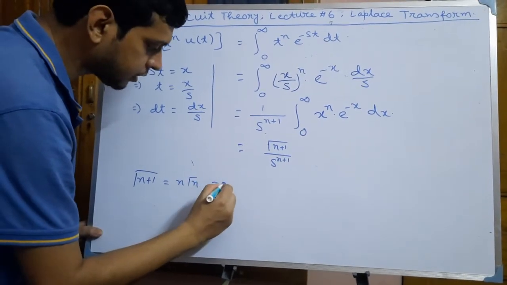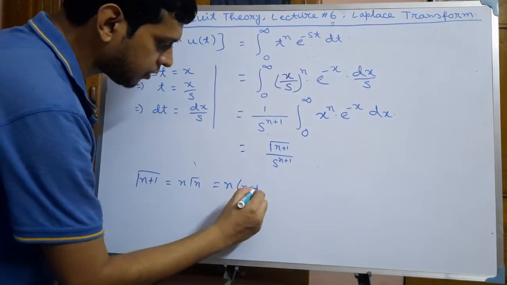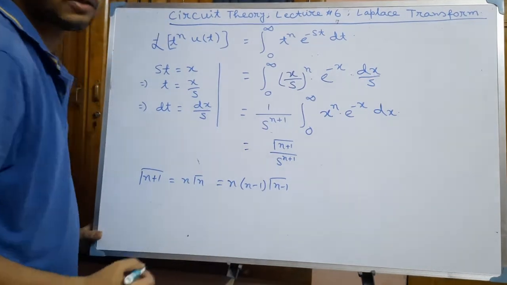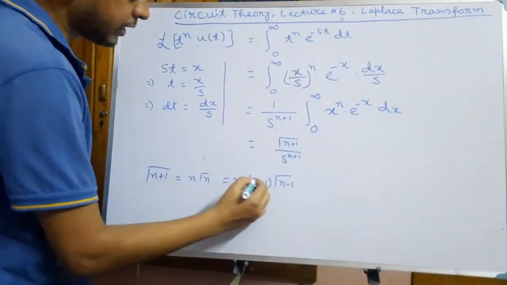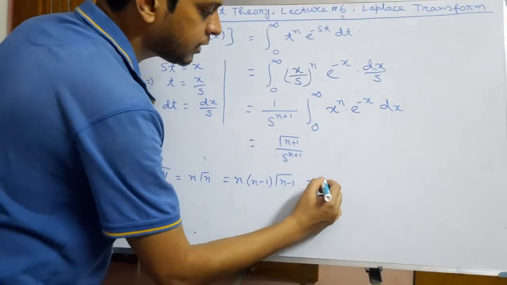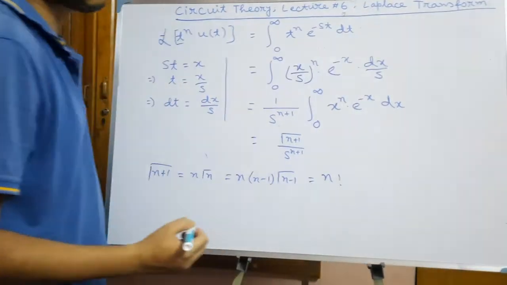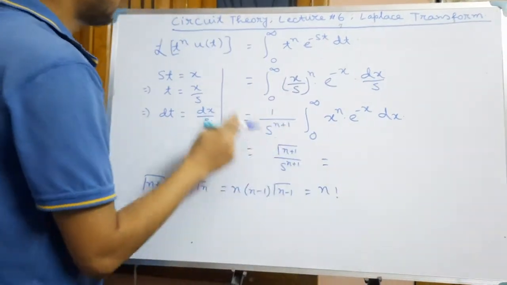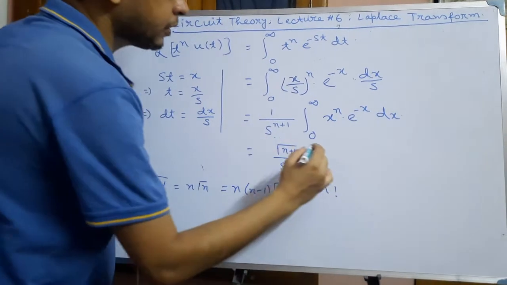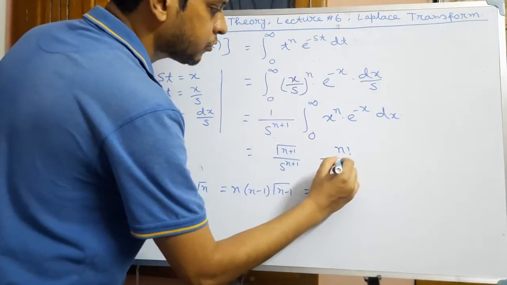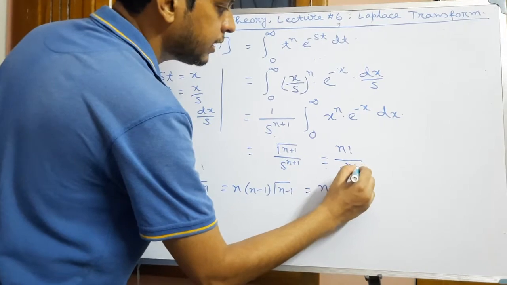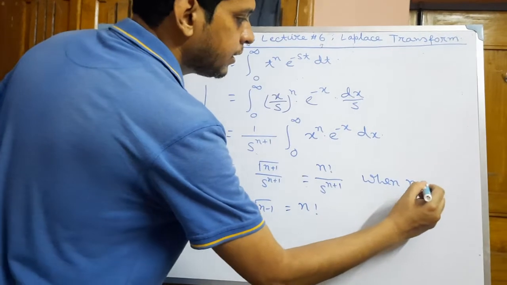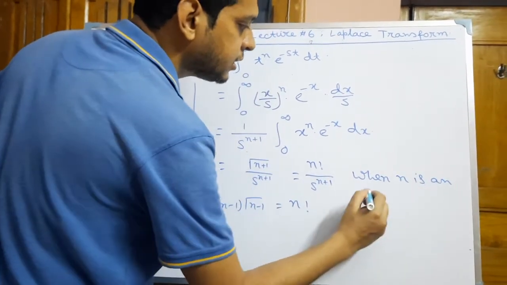N gamma n means n into n minus 1 gamma n minus 1. So if n is an integer, this will end up as n factorial. So the Laplace transform of t to the power n will become factorial n by s to the power n plus 1, when n is an integer.